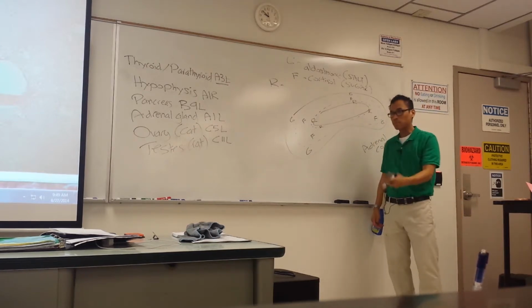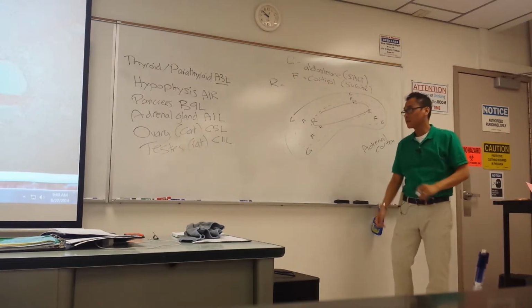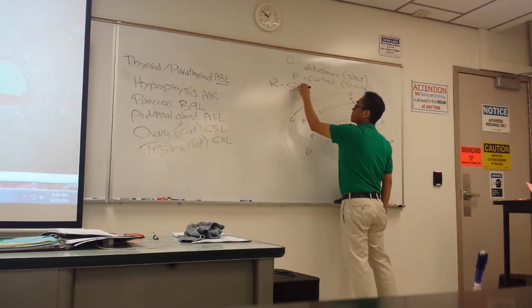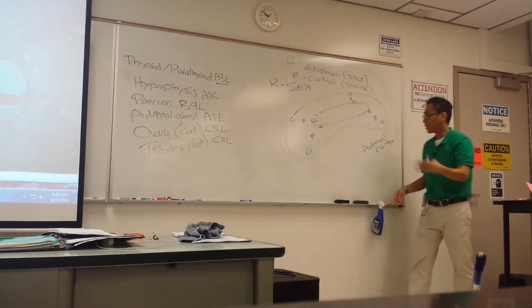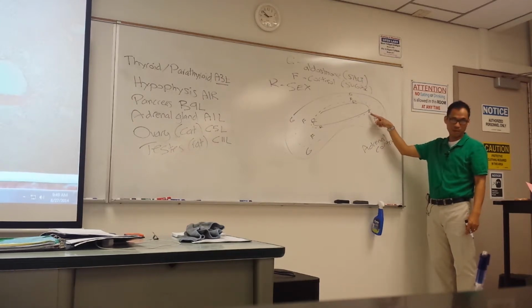Okay. Well, you know, testosterone, androgens, basically. So just remember the word sex. So from outer to inner, you have salt, sugar, sex. For those three zones, zona glomerulosa, fasciculata, and reticularis.